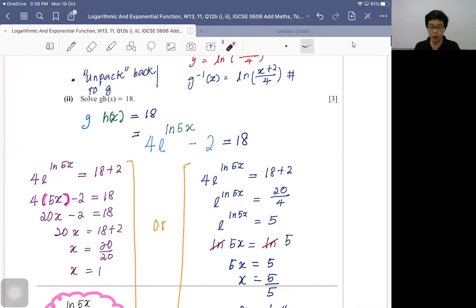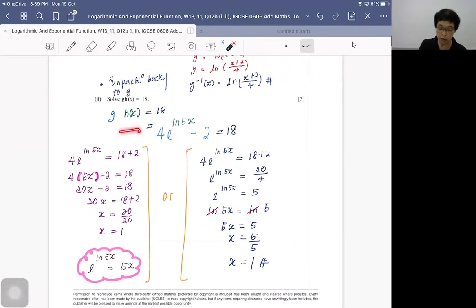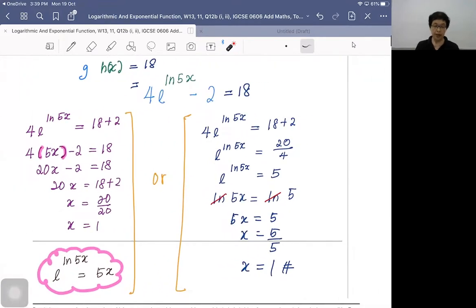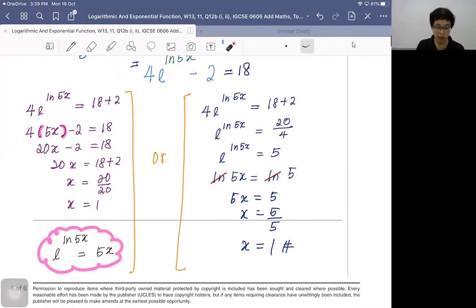For this learning process, I have suggested two options for you, and you can pick and choose the one you prefer. On the left-hand side, to solve for x, you need to be familiar with this logarithm rule.